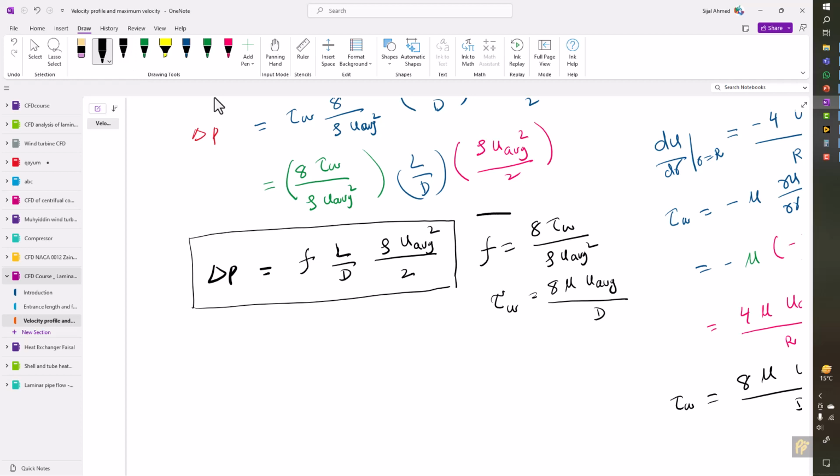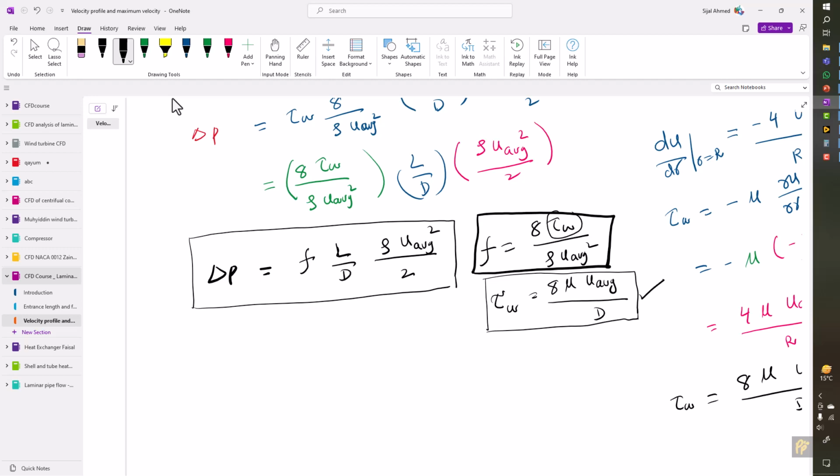They will basically complement each other. Definitely, when you want to find out the friction factor directly from the formula, you will need this formula. But for this formula, you need these terms, because the wall shear stress you can find out, but instead of finding them again from the basic principles, why not use the equation which is given here?